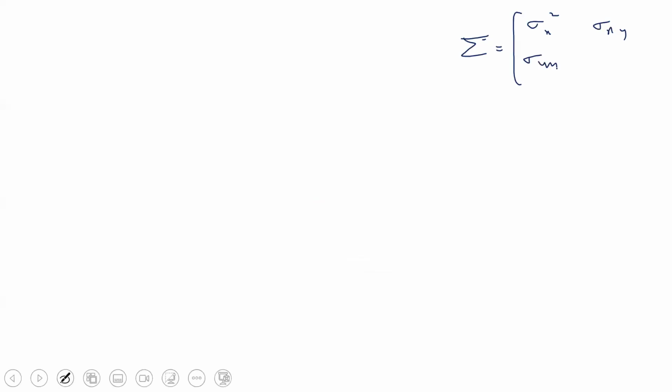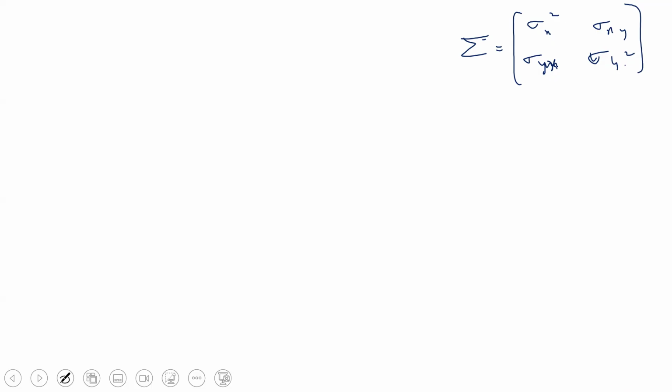It can be represented as sigma x square, sigma xy, sigma yx, sigma y square. This is how we can represent a covariance matrix. Is that right? Yeah. Right.